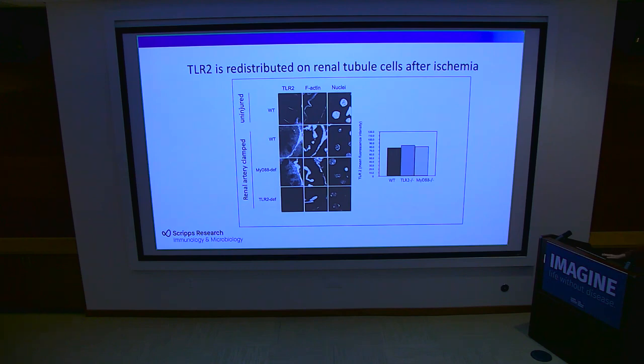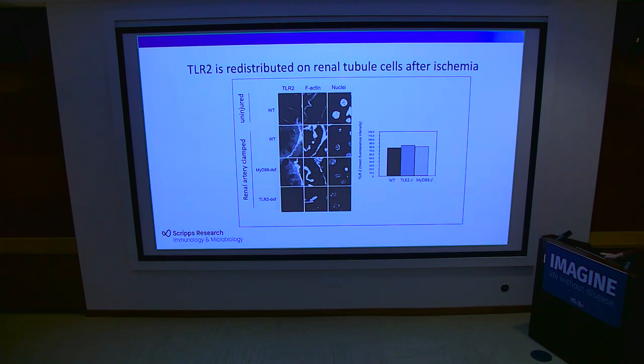And if you did renal clamping first for about 25 minutes and then stained for TLR2, it seems as though it's internalized, or it's now more cytoplasmically located.